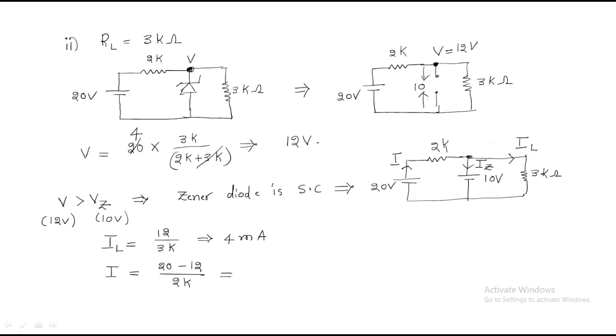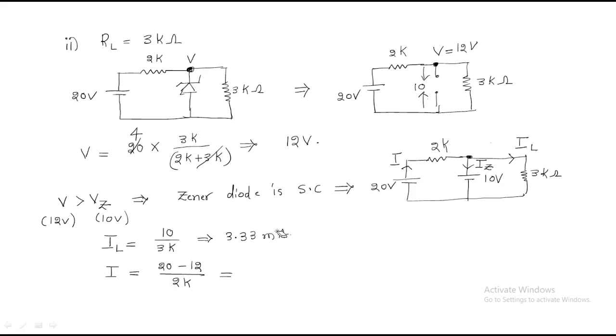This is the GNR voltage. So the GNR voltage, 10, by 3K gives 3.33 milliamps.